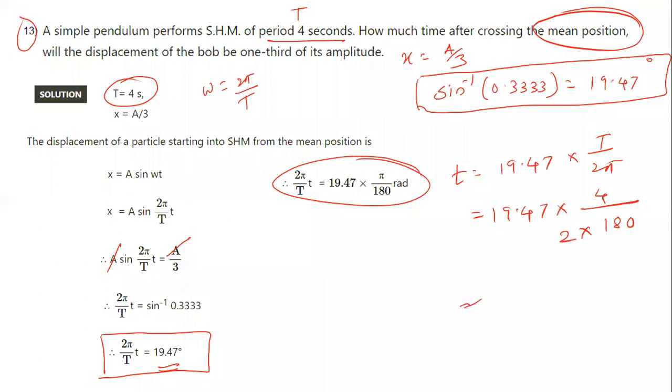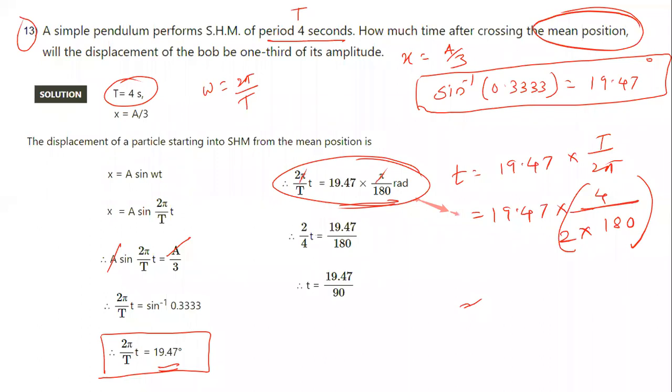If you solve this, whatever the answer you are getting, it is the time. Or you can convert this quantity into radian and then substitute pi as 3.14, and pi gets cancelled. In that way also you can do. You will get the same equation.